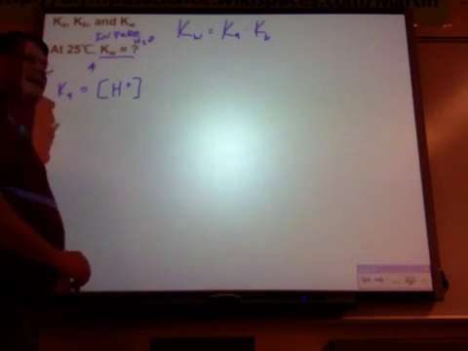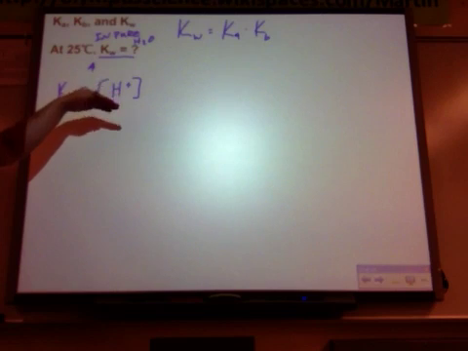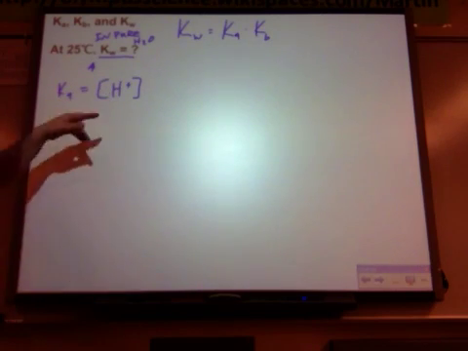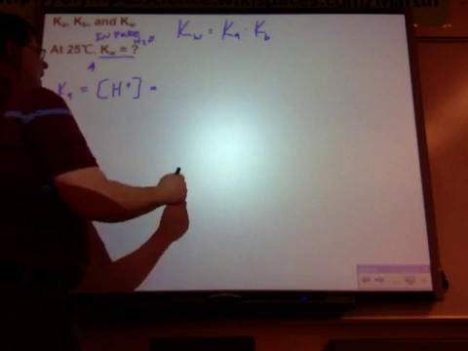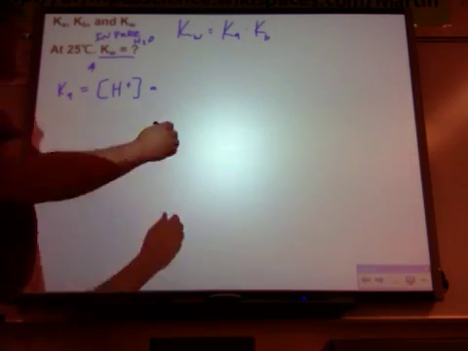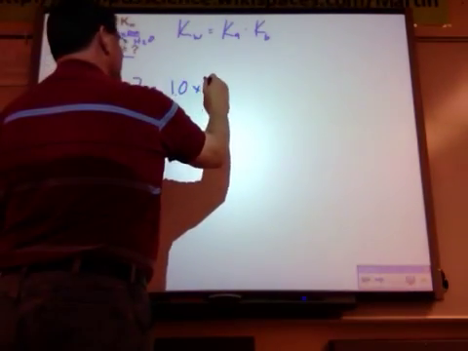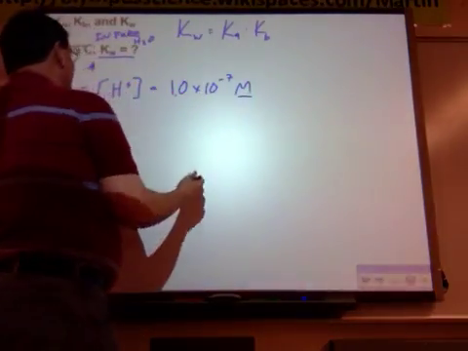It's the concentration of acid compared to water, but since water is a liquid, we don't include it in the expression. So it's just the concentration of acid. And what is that number? 1.0 times 10 to the minus 7 moles per liter. All right?